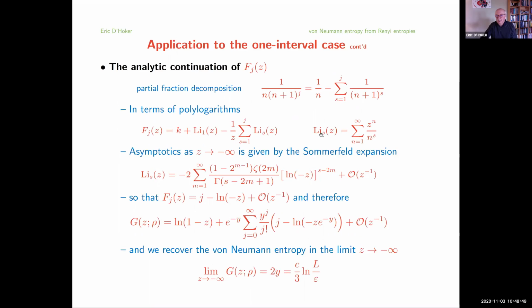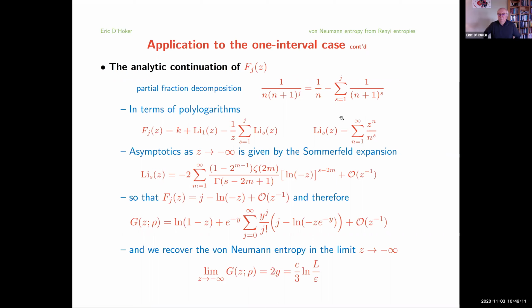So the polylog Li sub s of z is defined as a sum of z to the n over n to the s. These are extremely well-studied functions. And you can compute this out, and here is f_j of z. So it's the sum of polylogs.